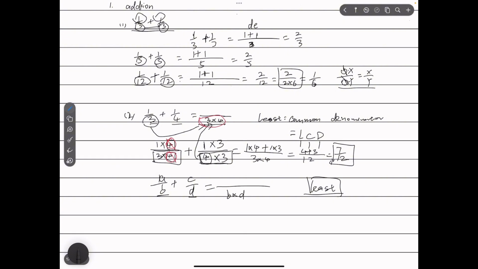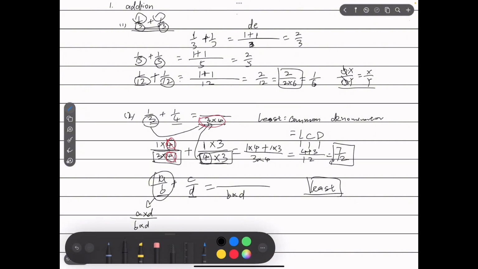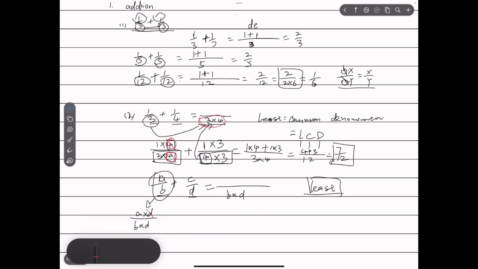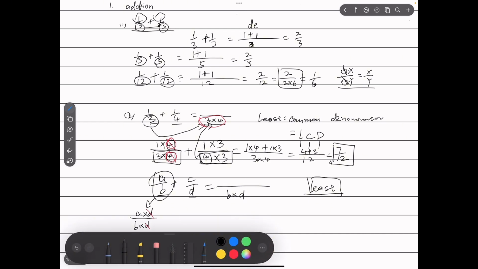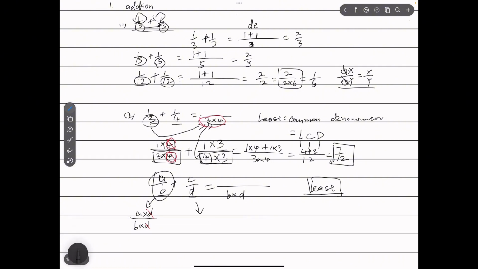If we use b times d, in order to keep this fraction the same, we also need a times d on top. That way, after we cancel out d, we still have a over b. And for this one, same thing, c over d. In order to change d to b times d, we multiply by b on the bottom and b on the top. That way, same thing, we can cancel the common factor b.